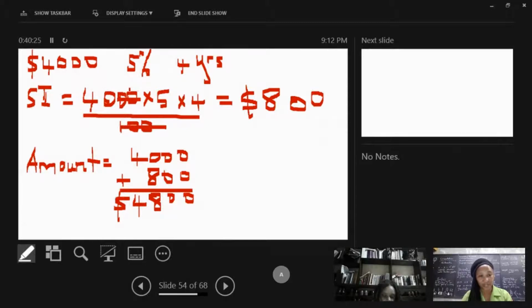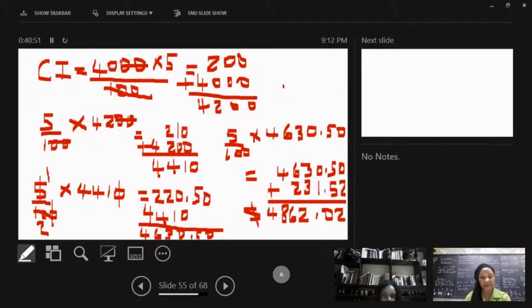That's the amount that was invested. The rate is 5 over 100, 5%. The time was 4 years. So it's just one fixed interest. You work that out, $800 is the interest. You add that back to the principal to get the amount accruing after the period: 4,800.